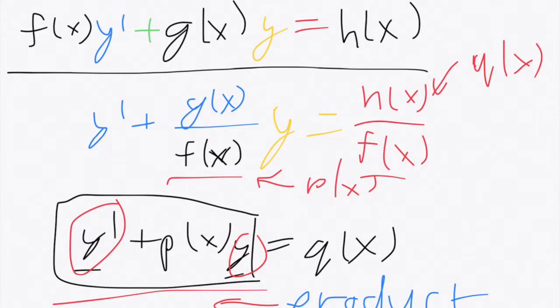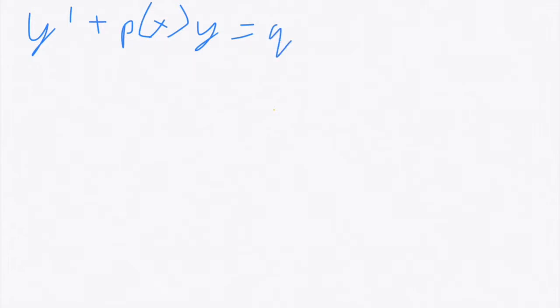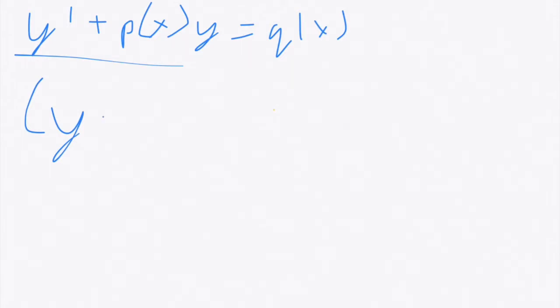This is because it allows us to determine exactly what the integrating factor should be. So going off with our intuition that the product rule has been applied, we're going to rewrite this function as y prime plus p of x y equals q of x. And we're going to take a look at this side again. So we know that y times something prime is equal to y times that function's derivative.